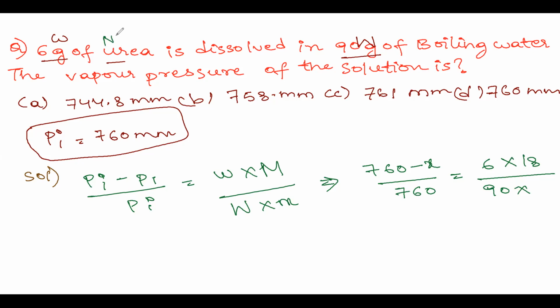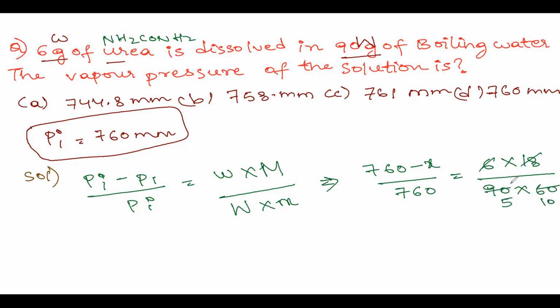Urea is NH2CONH2. Nitrogen is 14, like that if you add, you'll get 60. So 6 tens are 60, 18 ones are 18, fives are 5 times.